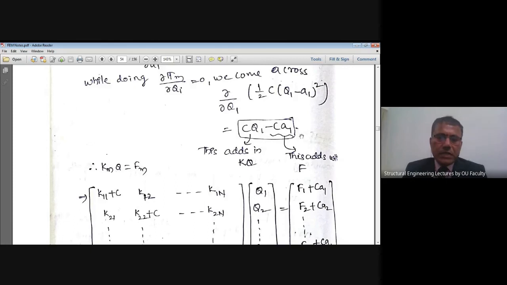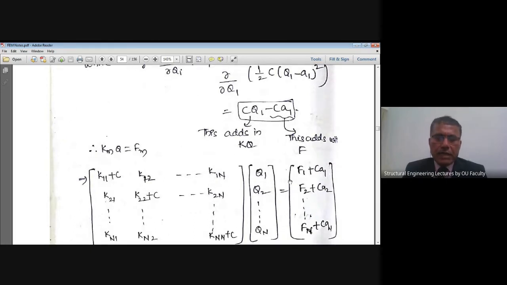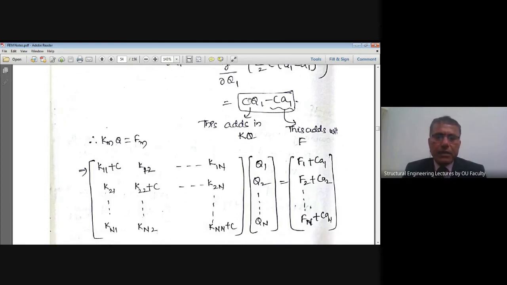Therefore, this is what is called the penalty force. This will be added to the other side, to the global load vector. If it goes to the other side, it will become plus C A1. That is how it is added to the existing force F1 along that first degree of freedom, plus C A1, right? And this will be added to C Q1.